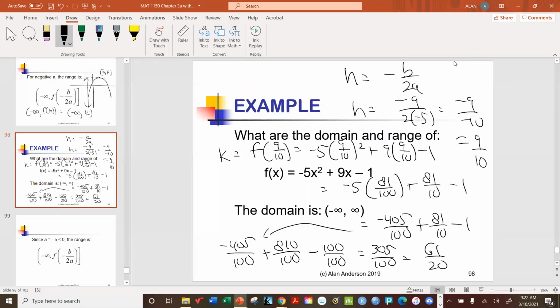Yeah, okay. So with all that being said, the vertex is 9/10, comma, 61 over 20.